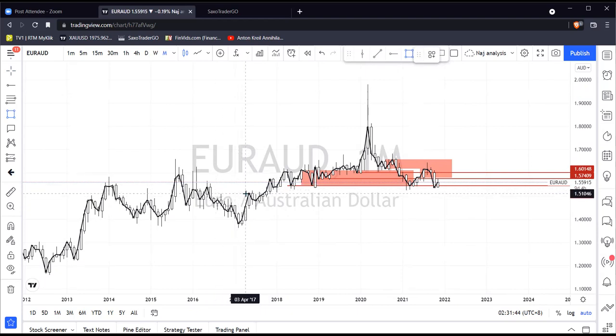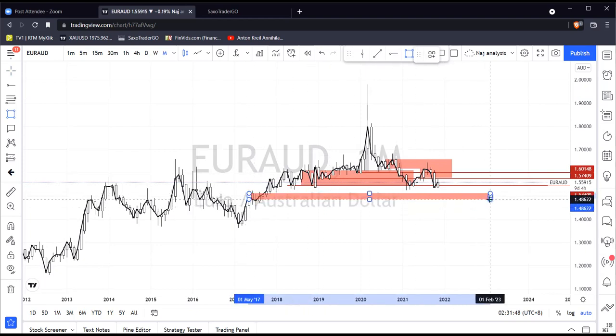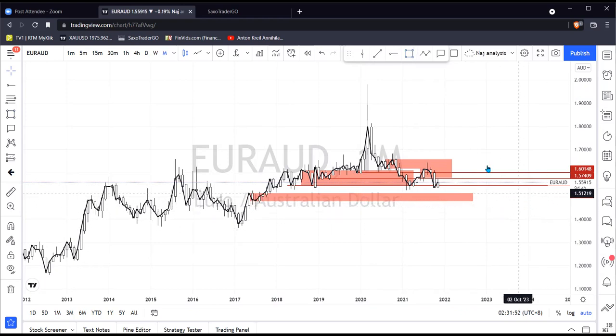Sorry, I think my line is breaking. But basically, if you use the concept of a V breakout to sell and an A breakout to buy, right now it's doing a V breakout right here, this zone.